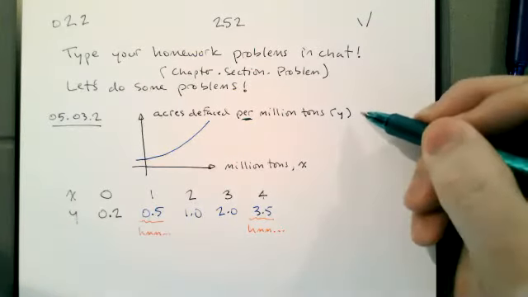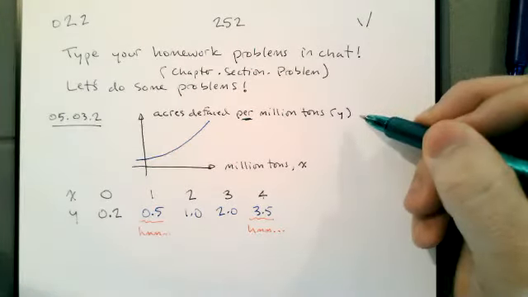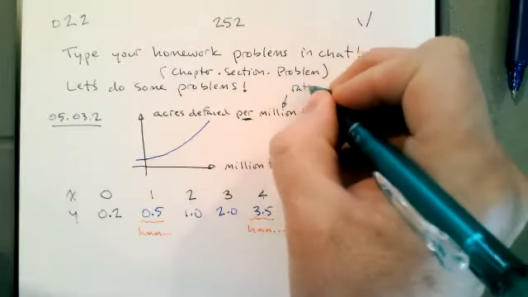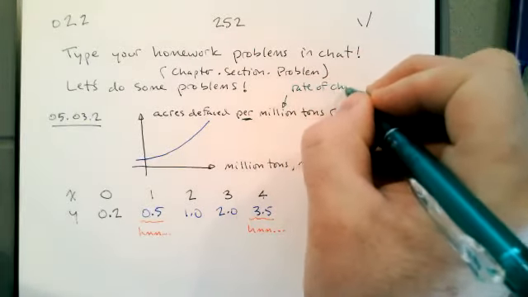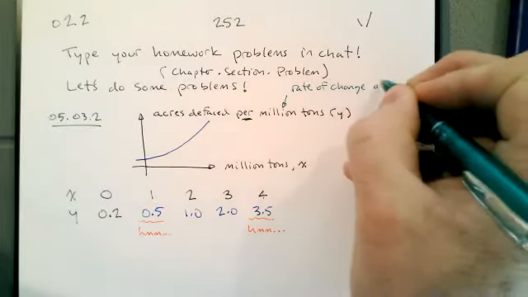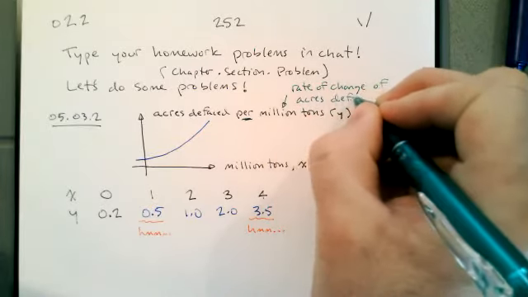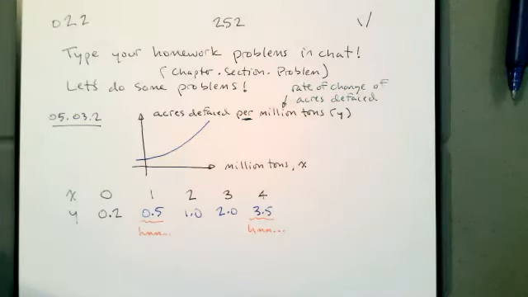The graph is a rate of change. So this is the rate of change of acres defaced. So the graph that we're looking at is a graph of a derivative.